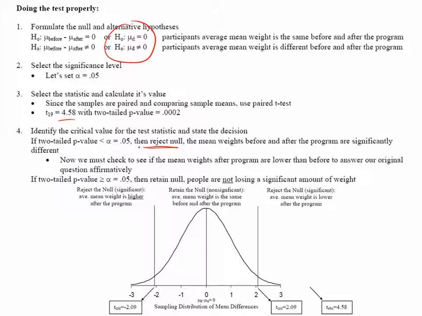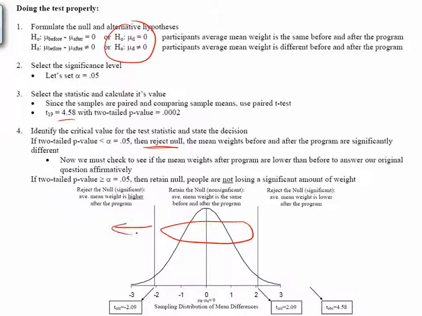So looking at a normal distribution, we would assume that any t-stat within this range of a standard normal distribution, we would retain the null. We'd say, yeah, they either lost weight or they gained weight, but there is not a significant difference in weight. There's too much variation to say that they actually lost weight.